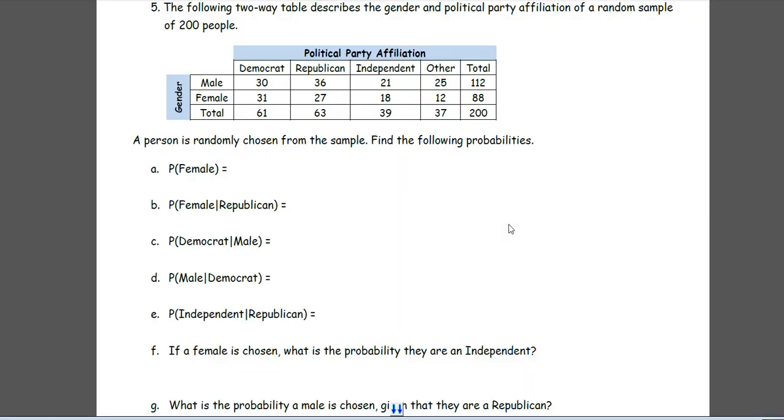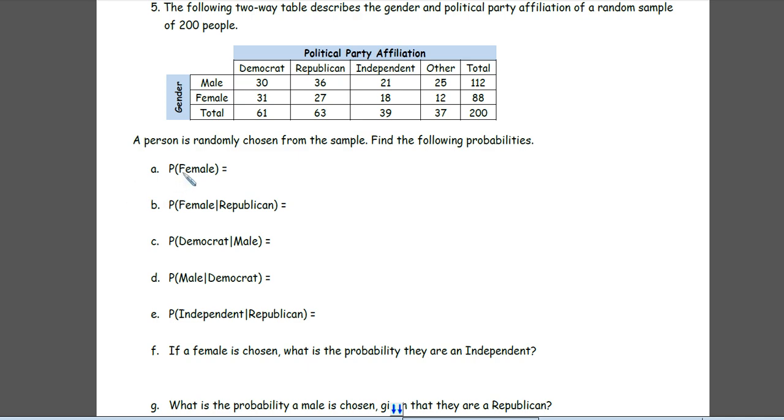The following two-way table describes the gender and political party affiliation of a random sample of 200 people. So this is our example from previous videos. Here we have political party, and we have our gender on the left. Now if a person is randomly chosen from the sample, find the following probabilities.